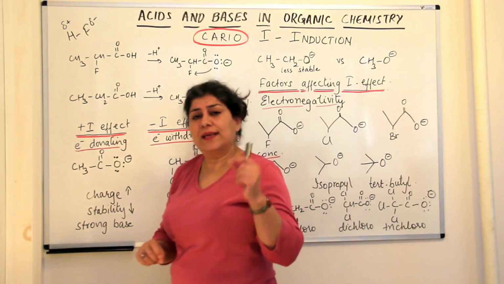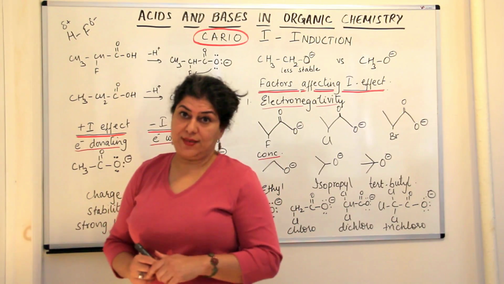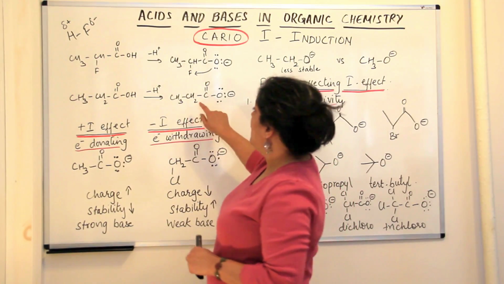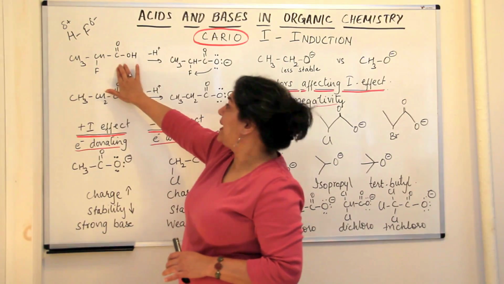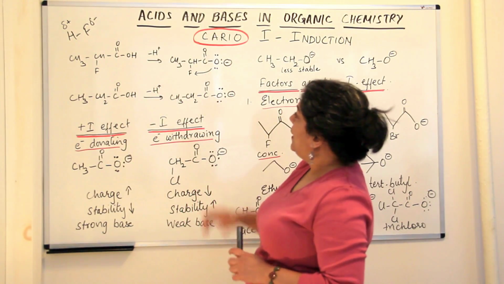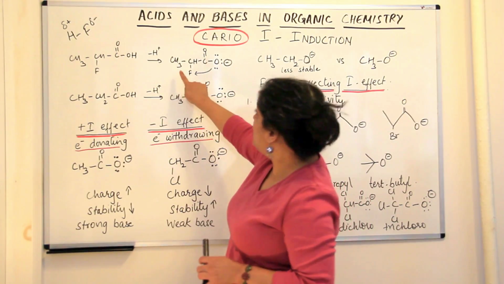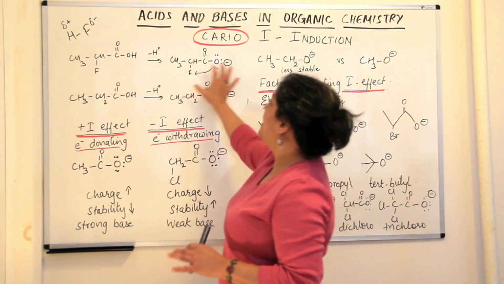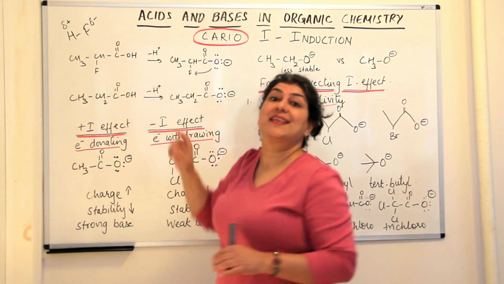What happens as a result of this effect to the acidic strength or the basic strength? Now I have written the conjugate bases for you here, the conjugate bases of both the fluorocarboxylic acid and ethanoic acid. Now this one is an electron withdrawing group. It pulls the electron towards itself, and when it pulls it, it makes the negative ion, the conjugate base, stable.